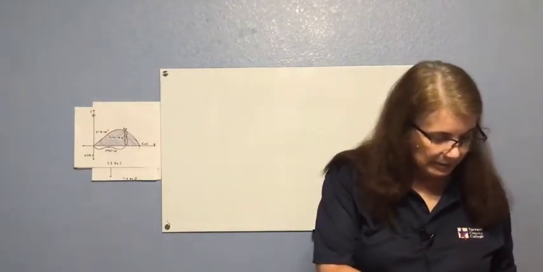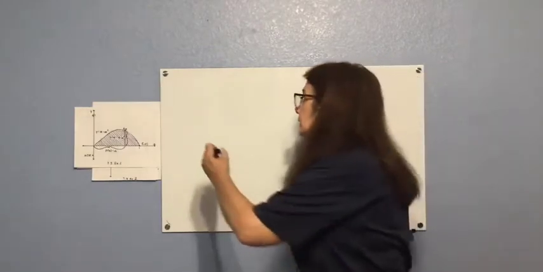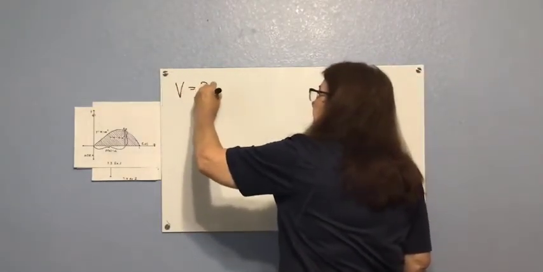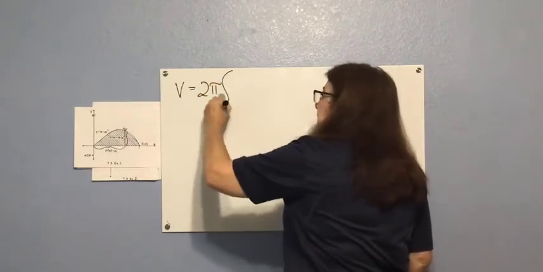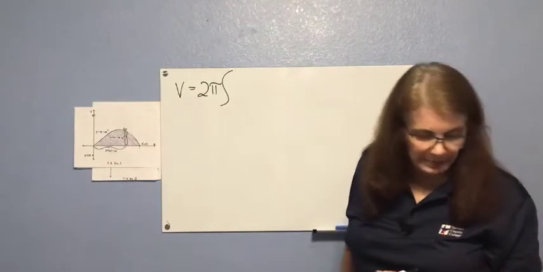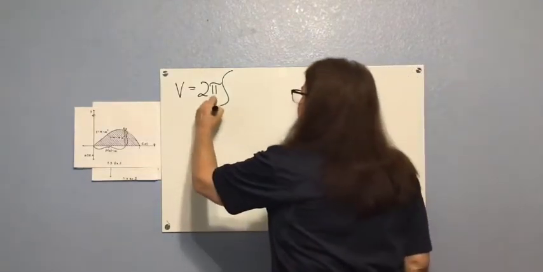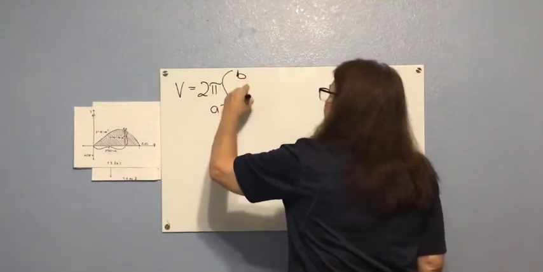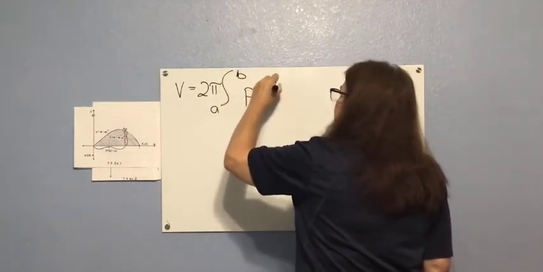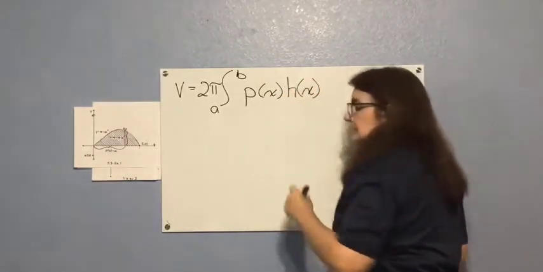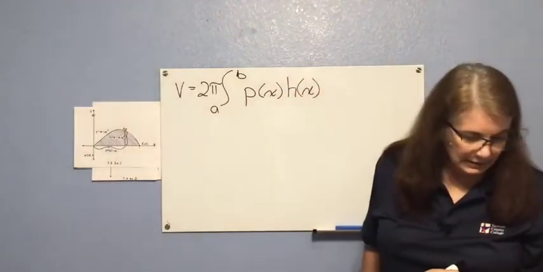So let's start with our basic equation. Volume is equal to 2 pi times the integral from a to b of p of x times h of x dx.